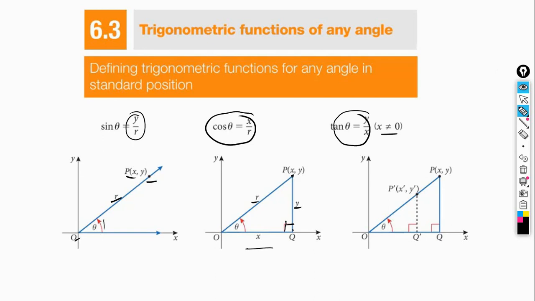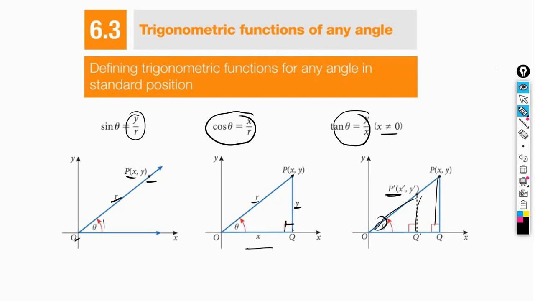It is important to note that the values of the trigonometric ratios do not depend on the choice of the point P. If you have a point P prime as another point on the terminal side of angle theta, then triangles POQ, the big one, and P prime OQ prime, which is a smaller triangle, are similar, and the trigonometric ratios for corresponding angles are equal.